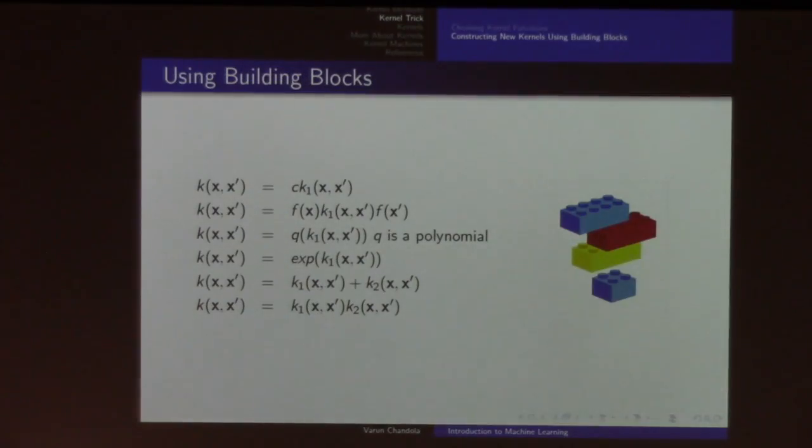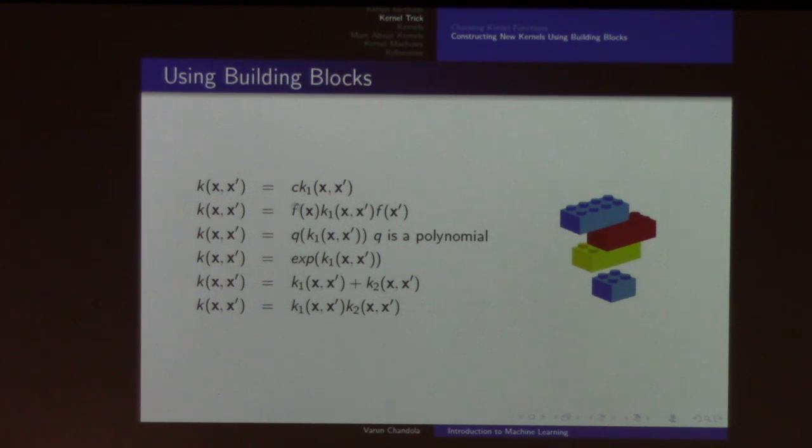But another interesting property is that you can use some building blocks. Let's say you already know that there is a kernel function which is valid, which means that the resulting kernel matrix or the gram matrix will be PSD. Then a new function, which is just a scalar multiplied with that, will also be PSD. These are just general rules which are true.